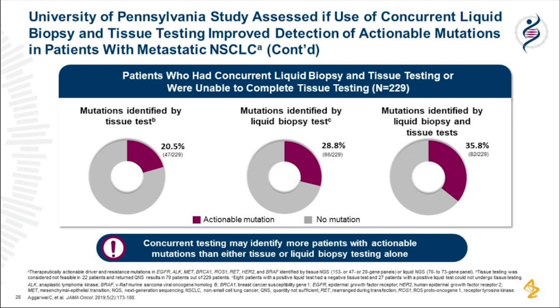So concurrent testing may identify more patients with actual mutations than either tissue or liquid biopsy testing alone. So once again, there's steady evidence that concurrent testing using both plasma and tissue is basically going to give your patients better results.